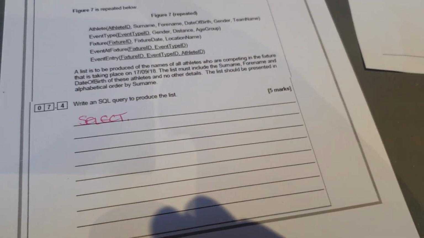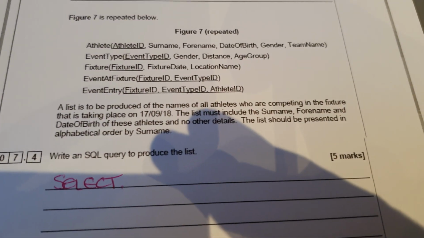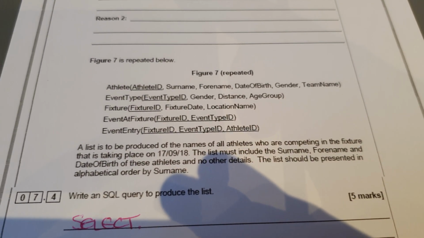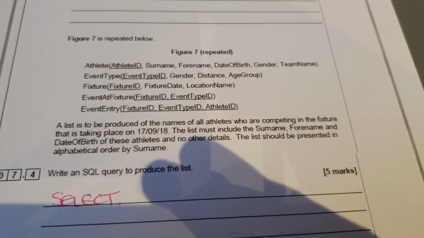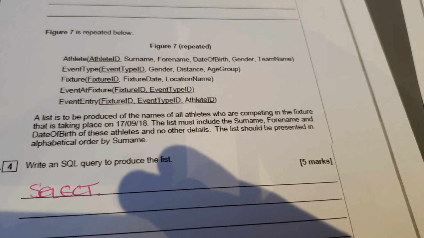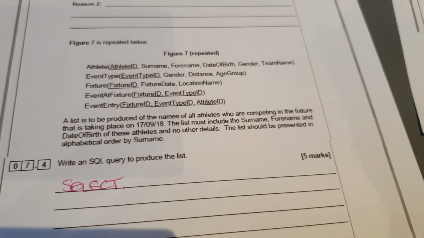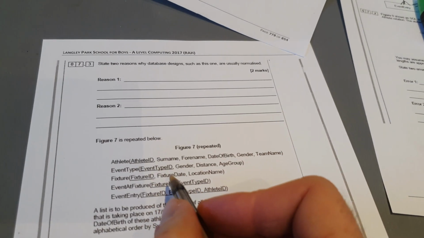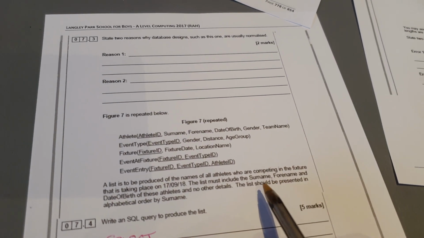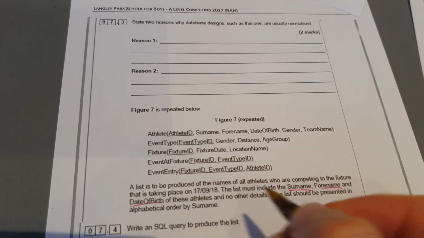I want to know what fields we're going to have. It says a list to produce of the names of all athletes in the fixture that's taking place. The list must include surname, forename, and date of birth of these, and no other details. Surname, forename, date of birth.